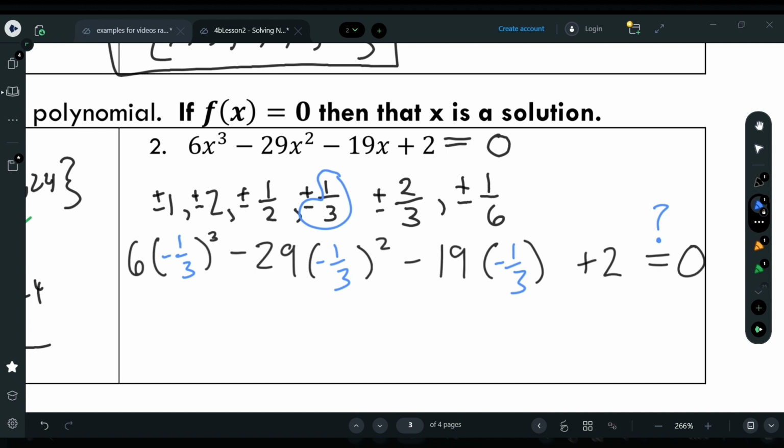Now, of course, to evaluate this, you've got to use a calculator or use a Desmos calculator. You're not going to be doing this by hand. So you're not going to be able to see my screen here, but I'm going to go over to Desmos and type this in.